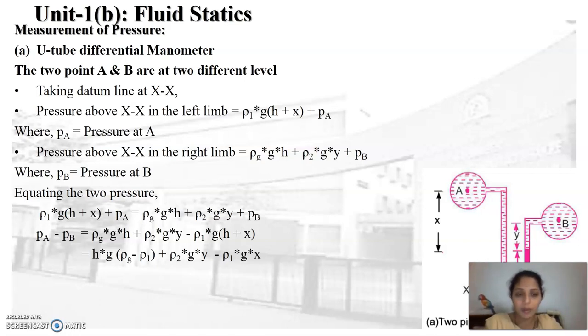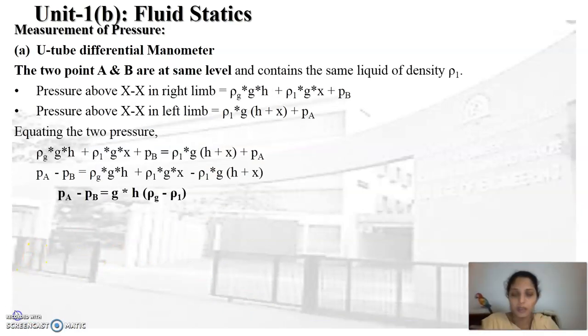So for equilibrium, considering the XX line as datum, we equate the pressures of the left limb as well as the right limb. We obtain the relation PA minus PB as G H (rho G minus rho 1) plus rho 2 G Y minus rho 1 G X.